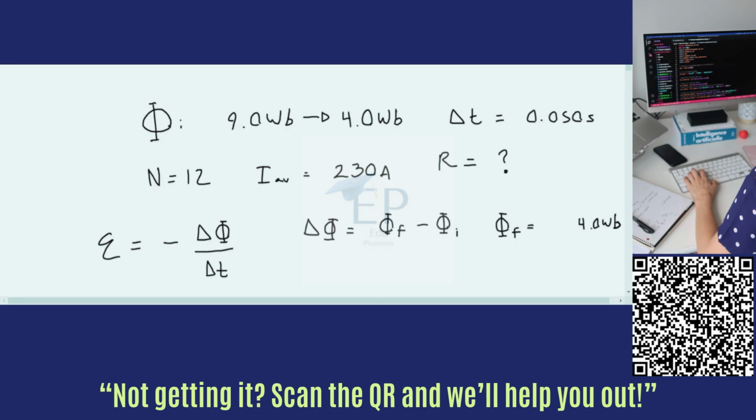So for n loops, it's going to be n times 4 Webers. And similarly, for our initial flux, for a single loop, it would be 9 Webers. So for n loops, it will be 9 times n Webers.